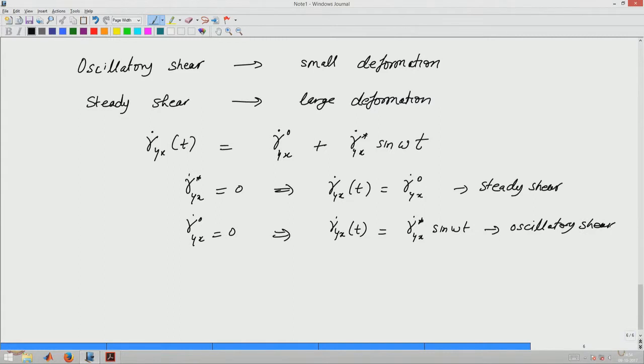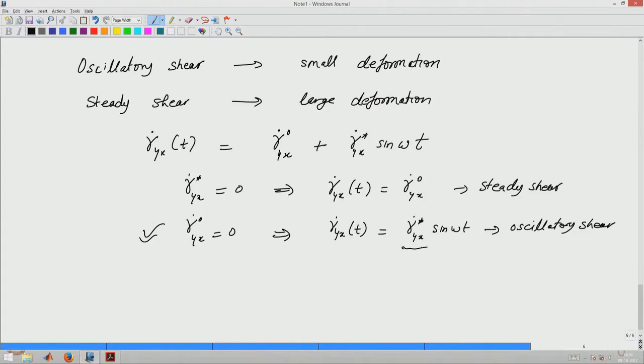So, why would it be of interest to do such a complicated flow? In which situation we may want to apply only the oscillatory shear, since deformation is small?